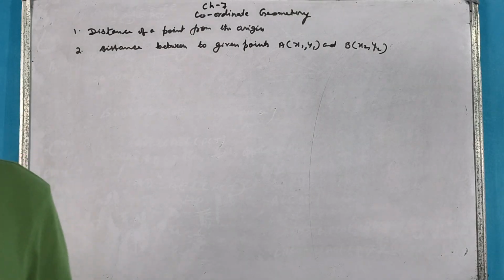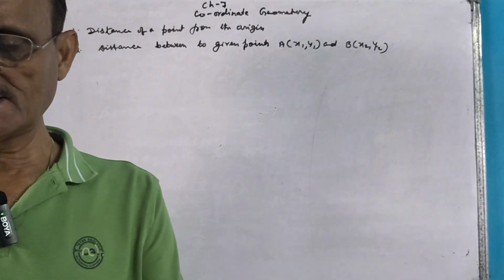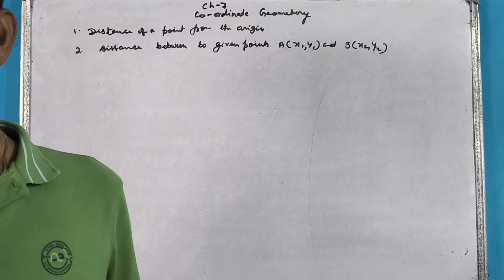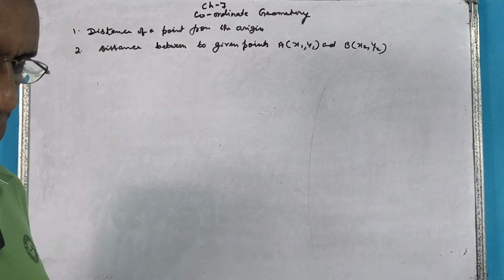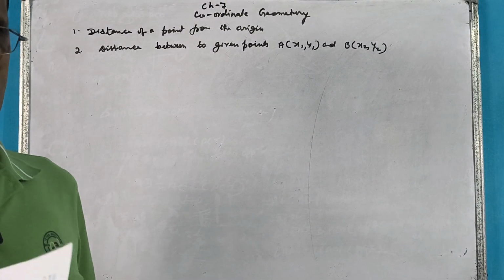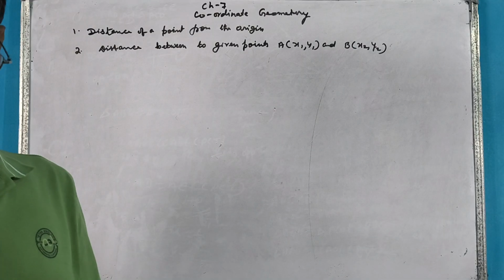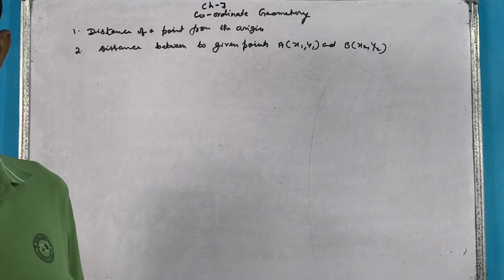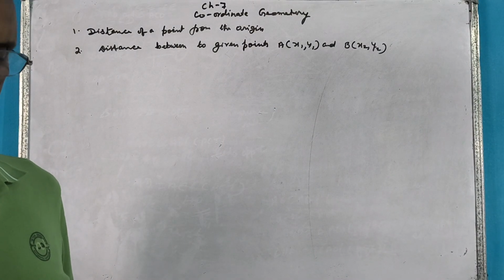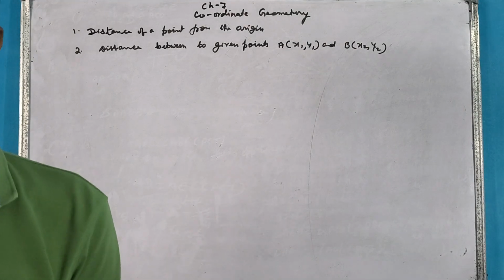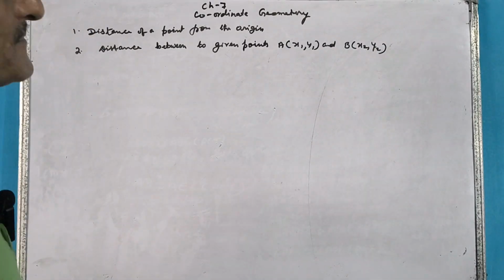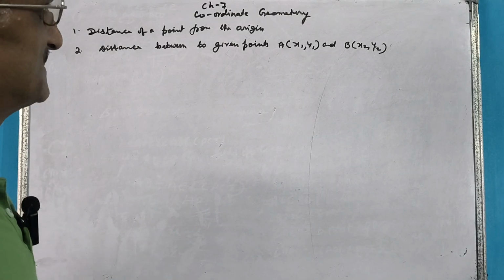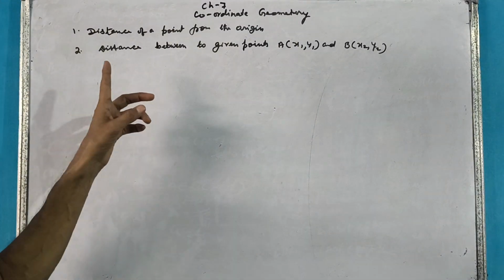Today we are doing general math, chapter 7, coordinate geometry. This is a new concept this year, first time. It is related to the Cartesian plane graph, of which you have already done the basic idea. After that there are two formulas.